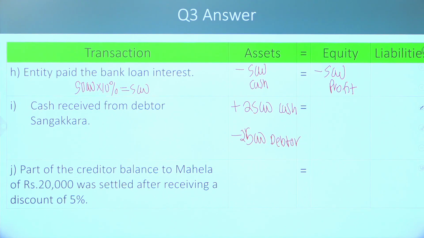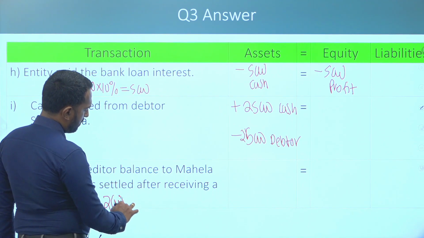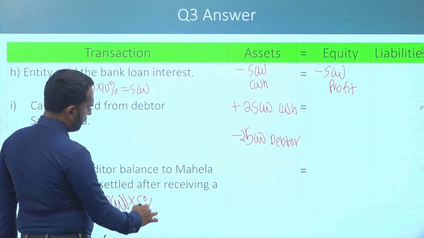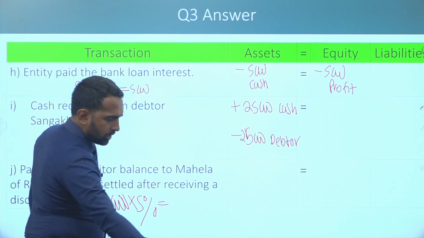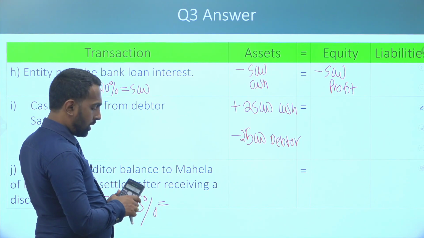Part J of the question, part of the creditor balance to Mahela of rupees 20,000. Out of Mahela's balance, 20,000 was settled after receiving a discount of 5%. So 20,000 into 5% will give you 1,000.